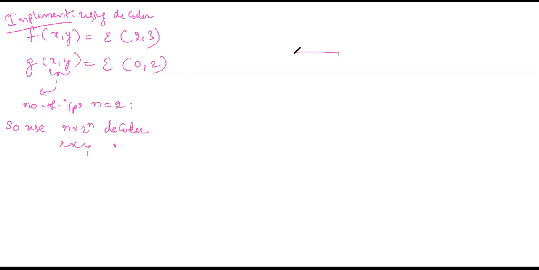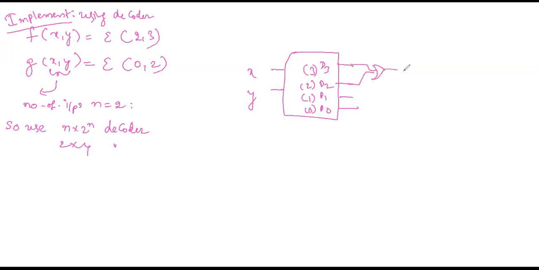So draw the 2 by 4 decoder. Inputs are X, Y. Outputs are D3, D2, D1, D0, corresponding to minterm 3, 2, 1, 0. Now, to implement, whatever minterms are presented, connect them to the OR gate: D2, D3. Next, 0, 2. Connect these to the OR gate.